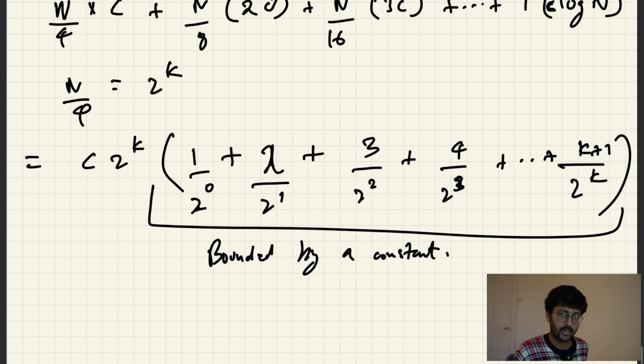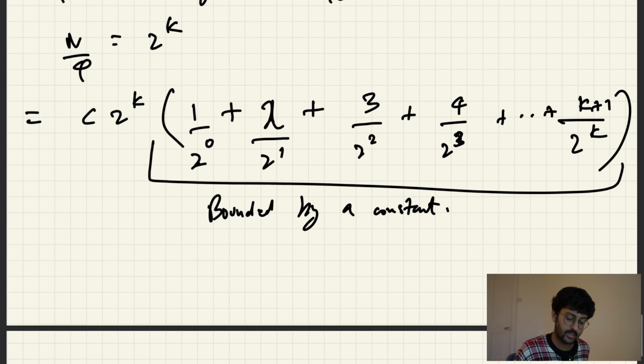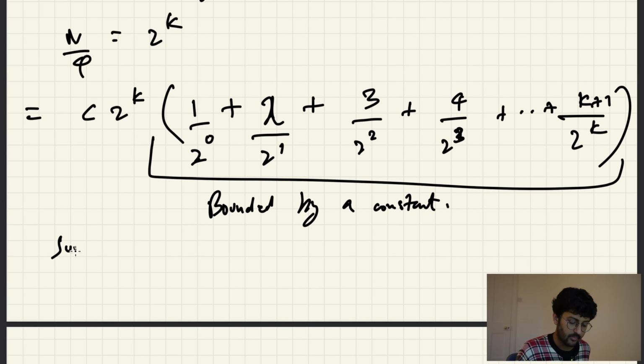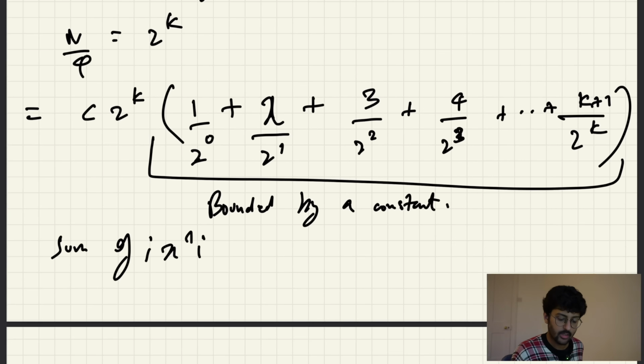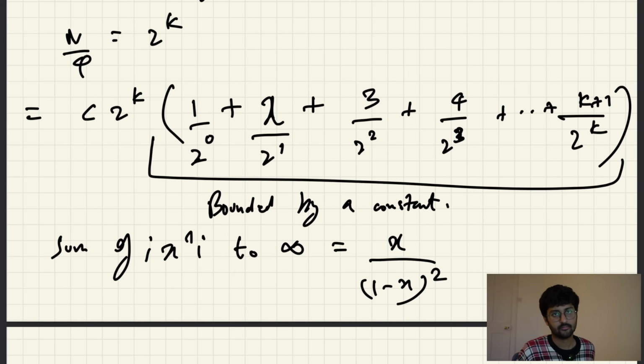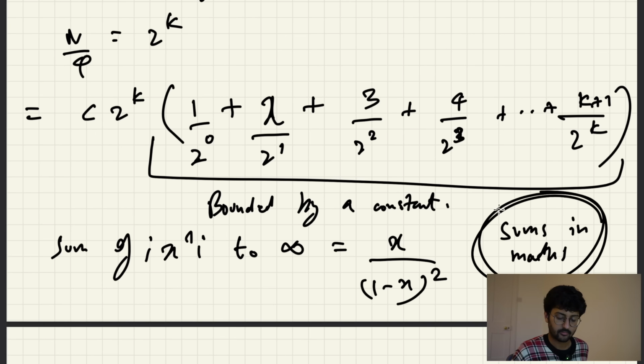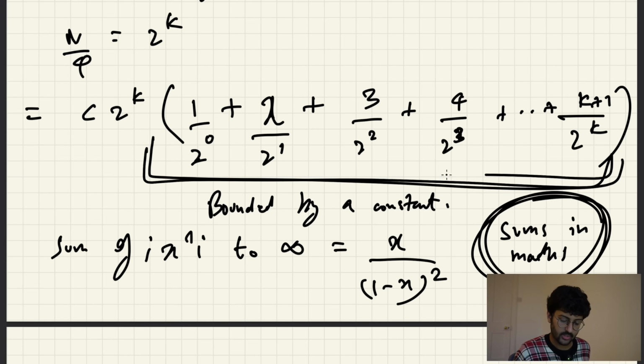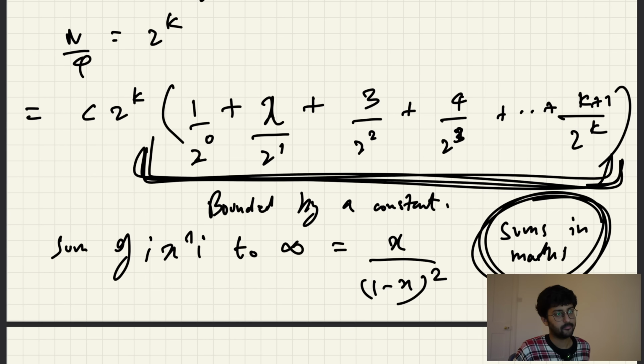If you take 11th 12th mathematics, I won't teach 11th 12th mathematics, but this is actually the formula: sum of x raised to power i, i to infinity, is equal to what? x divided by 1 minus x squared. So sums in mathematics, if you want to check that. Okay, it's divided by a constant. So hence this actually becomes a constant.